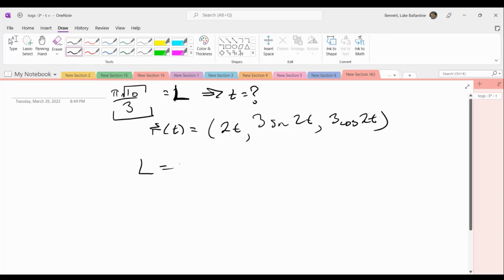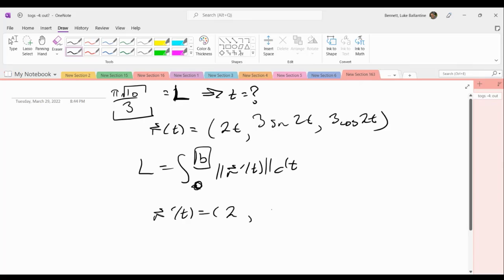So we have to use L equals the integral from a to b of the magnitude of r prime. We'll just set a to be 0, and we're looking for b. So r prime is (2, 6 cosine 2t, negative 6 sine 2t).